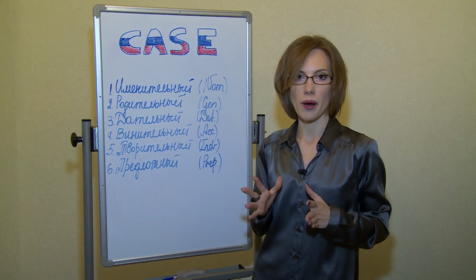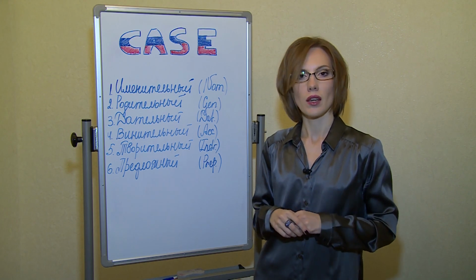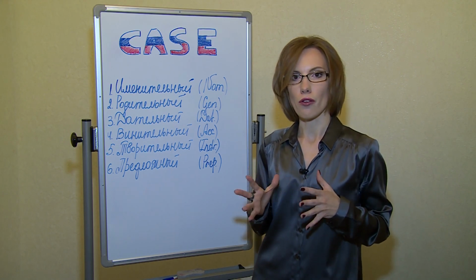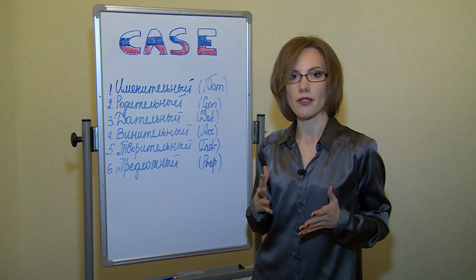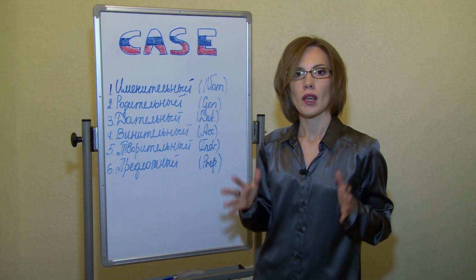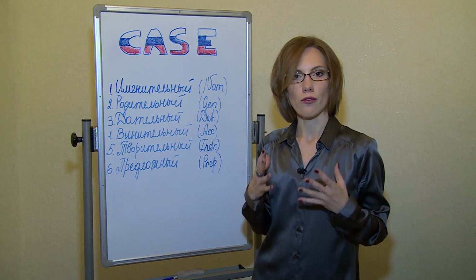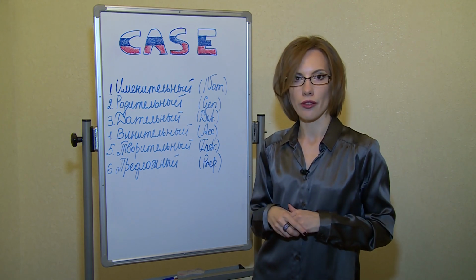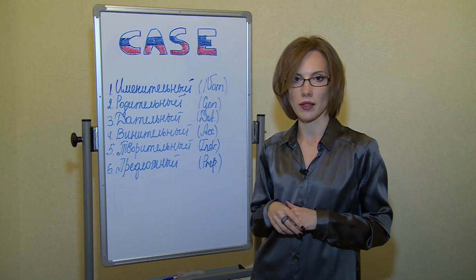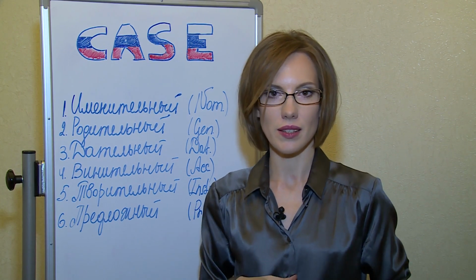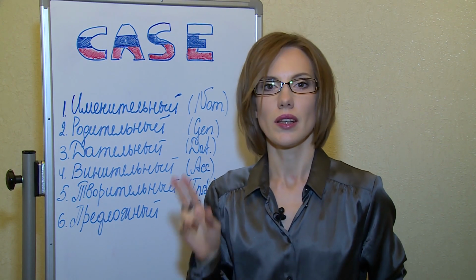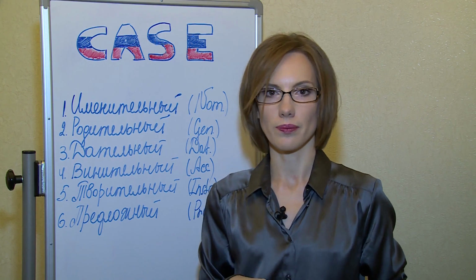It is also possible that forms of a word in different cases are similar, or a word has only one form for all cases. The case system in Russian does 2 things.